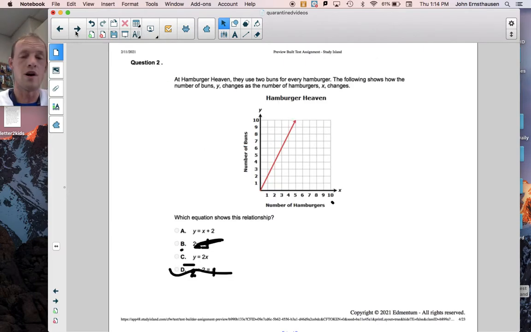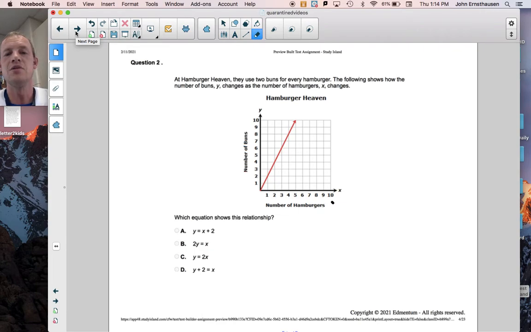Okay, for question 2, it says at Hamburger Heaven, they use 2 buns for every hamburger. So we have a ratio of 2 buns for 1 hamburger. The following shows how the number of buns, Y, changes as the number of hamburgers, X, change.